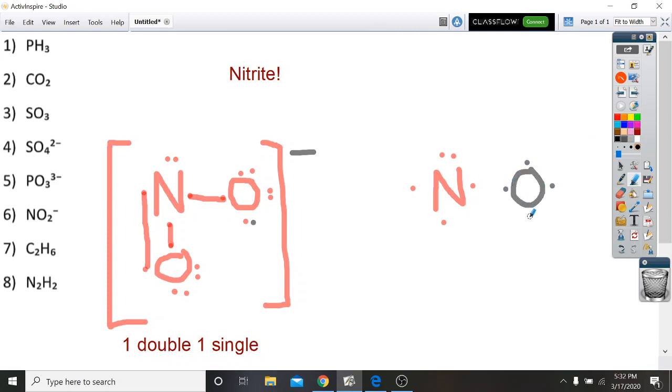1, 2, 3, 4, 5, 6. I'm going to add the electron here to N. And now the other oxygen, 1, 2, 3, 4, 5, 6. And so what I'm going to do is a double bond here and, you guessed it, a coordinate over here.